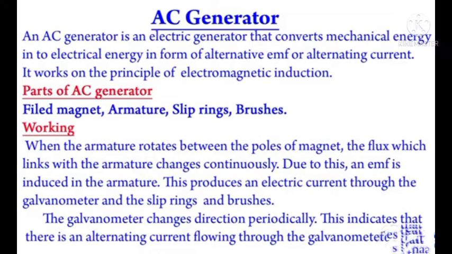This produces an electric current through the galvanometer, the slip rings and brushes. The galvanometer changes direction periodically. This indicates that an alternating current is flowing through the galvanometer.